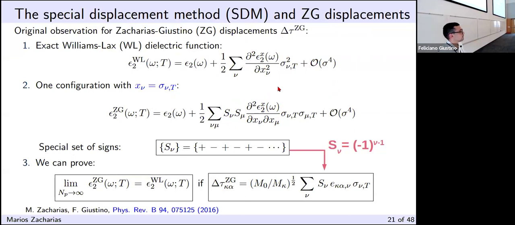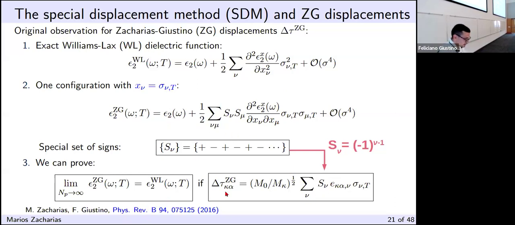So we decide to put all the modes in a vertical order, and we alternate the sign between plus and minus, so that these cross-coupling terms, which are considered the error in our non-perturbative calculations, cancel out. And indeed, we can demonstrate that in the thermodynamic limit, our one configuration will give the exact Williams-Lax dielectric function.